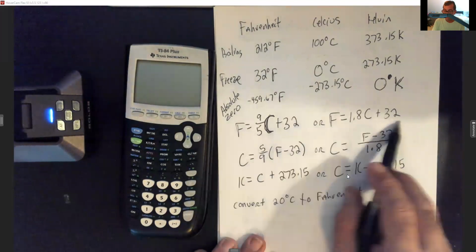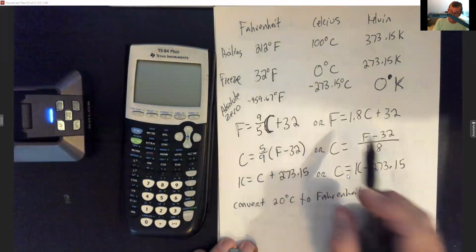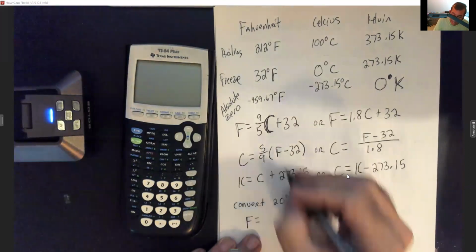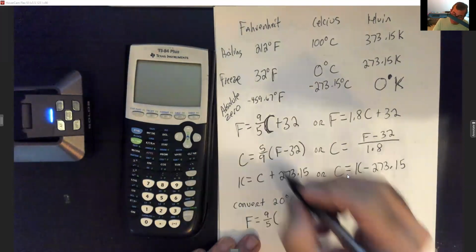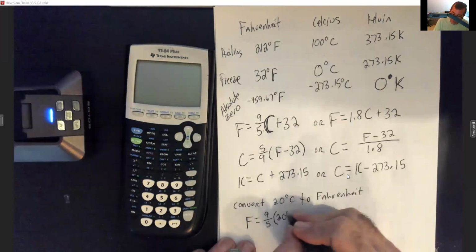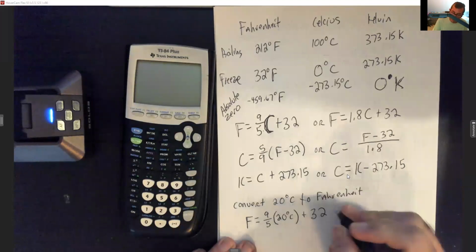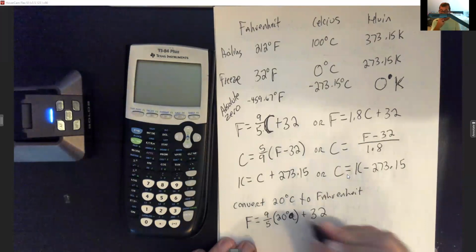So either one of these formulas would work. I'm going to use the fraction one, but you could use the decimal one. So I'm going to use my Fahrenheit equals 9/5 times my Celsius temperature, which was 20 degrees Celsius, right? Plus 32. Now you don't have to write the Celsius in there because when you're done, you're just going to get a number.